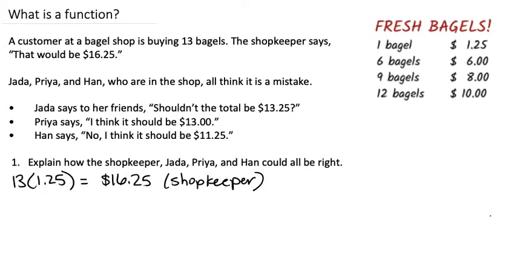Another way that you could calculate the price is using the fact that 6 bagels cost $6. So for 13 bagels, I would have 2 groups of 6 plus 1 additional bagel.